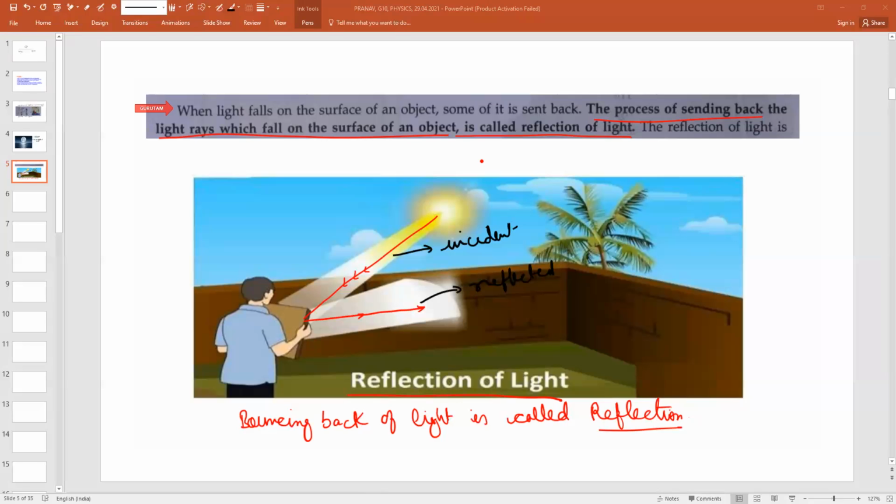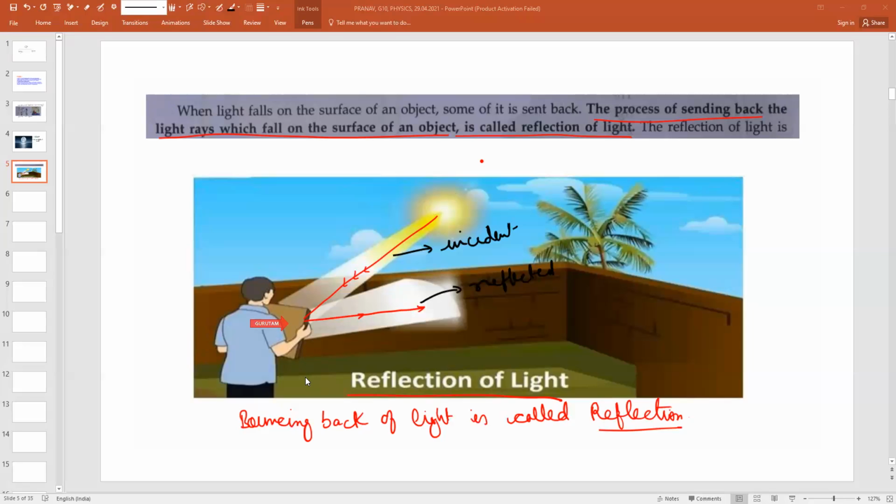In this image, the boy has taken a mirror in his hand. Due to the mirror, reflection is possible, right? But what would happen if the boy takes wood? It wouldn't reflect because it doesn't have a reflecting property or a smooth surface.